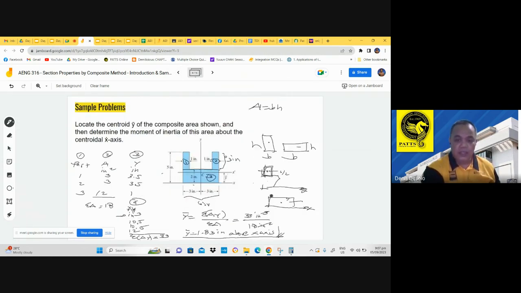So for the first element, the base is 1, the height is 3. So we apply the formula.